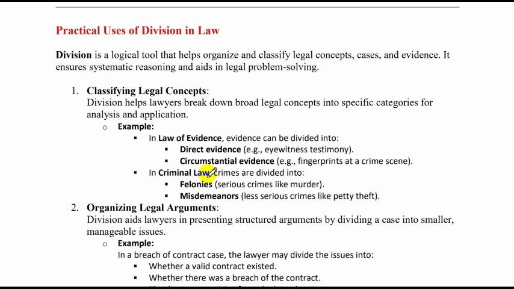In criminal law, crimes are divided into felonies and misdemeanors. That is, felonies include serious crimes like murder. Misdemeanors include less serious crimes like petty theft.